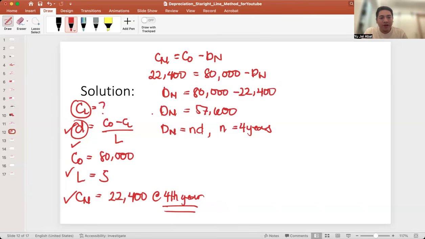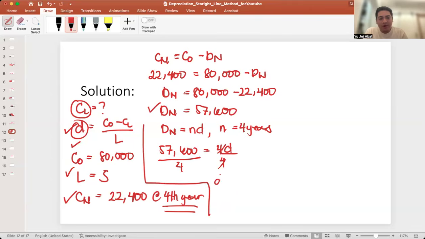So substituting, we have the value of D sub N. So we have 57,600 equals 4 times the D. So to get D, we divide by 4, and we get 57,600 divided by 4. That will be 14,400 of depreciation every year.